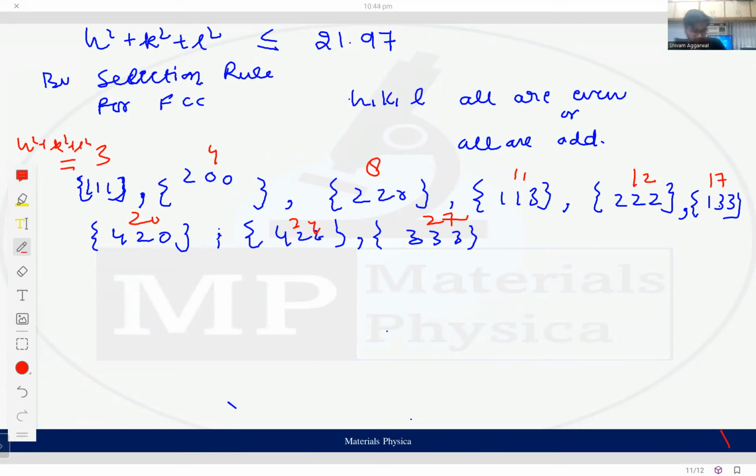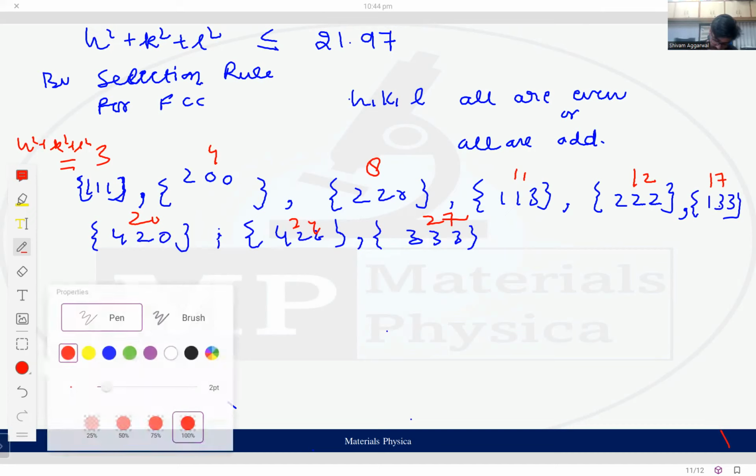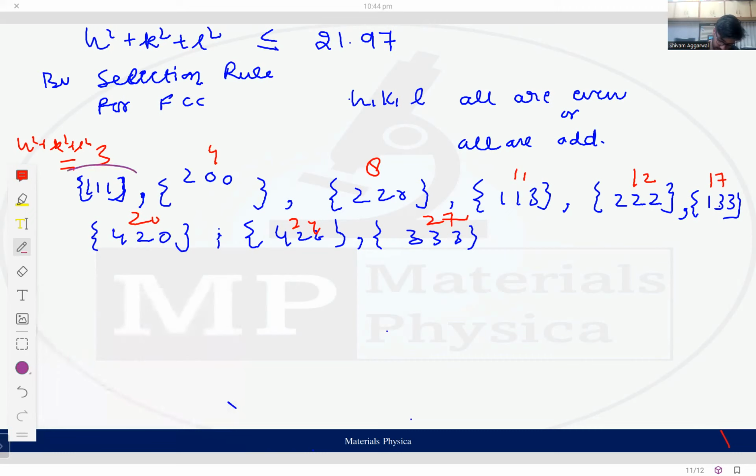So let us see the condition which I got. The reflection will occur when h square plus k square plus l square is smaller than or equal to 21.97. So here we can see the lowest reflection which can occur is 111, and the highest should be smaller than 21.97. Just before 21.97 is 20.